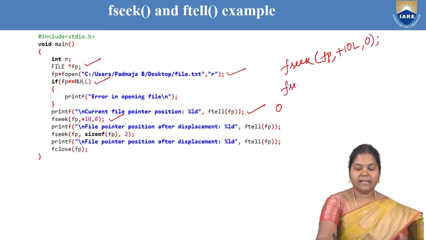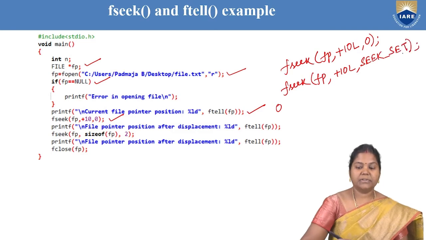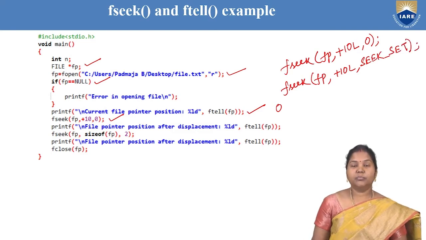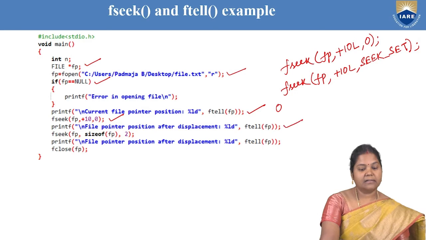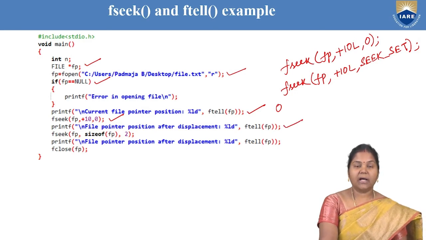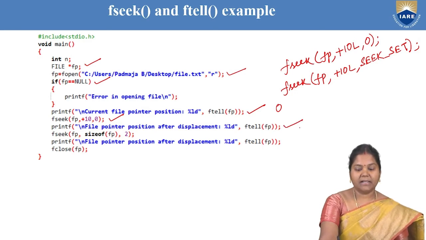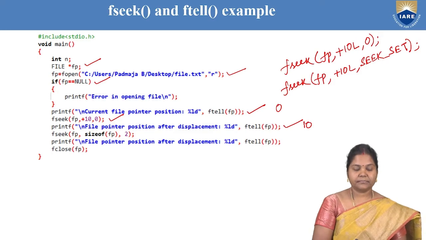Otherwise, you can also write fp, comma, plus 10L, SEEK_SET. Both mean the same here. That means from the beginning of the file, you move your current file pointer position to the 10th byte. After that, you can again check the file pointer position after displacement. You can check that it is at the 10th location.